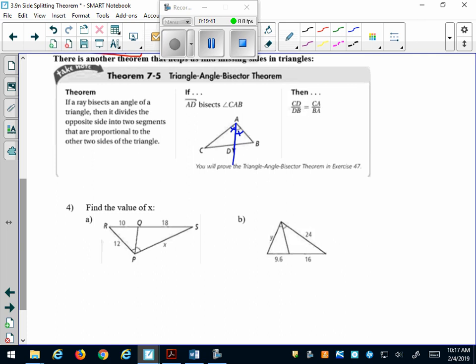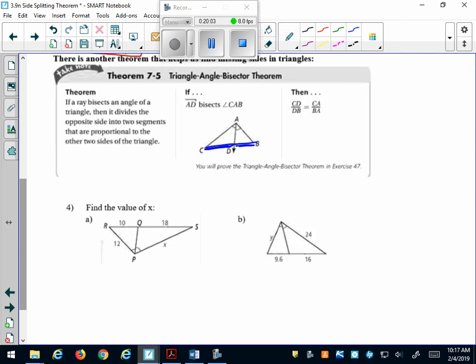It's cutting the angle in half. Well, what this theorem says is that when that happens, it cuts through the opposite side, usually unevenly. In other words, CD is a little bit longer than DB, right? Can you kind of see that?